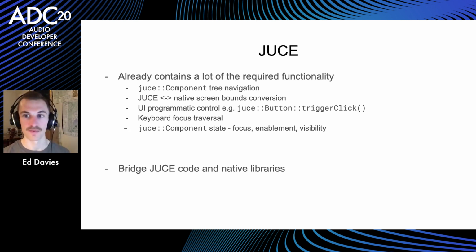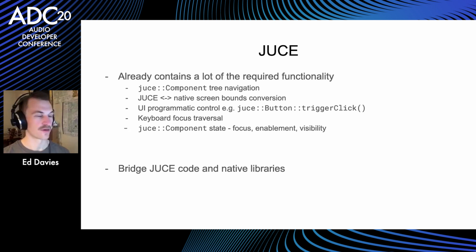There are methods for UI programmatic control, so, for example, the trigger click method in button. There are some good classes for keyboard focus traversal and managing keyboard focus within JUCE apps. And JUCE component itself has some useful methods for querying and changing states. So things like focus, enablement, visibility, and so on.